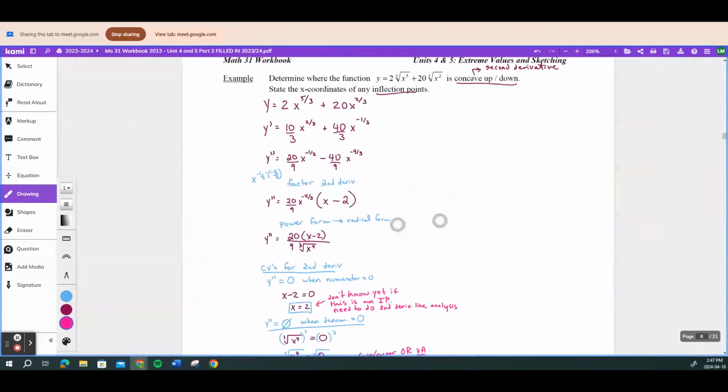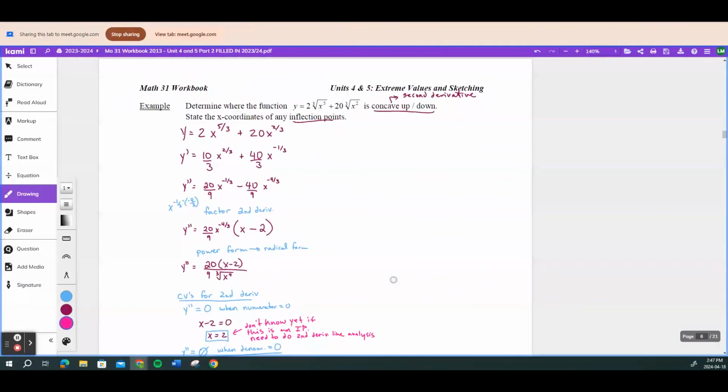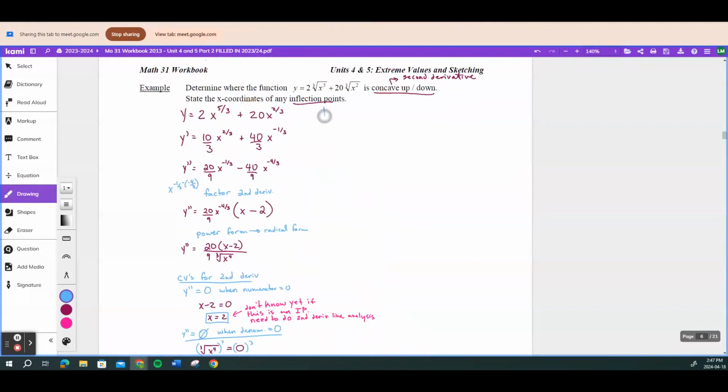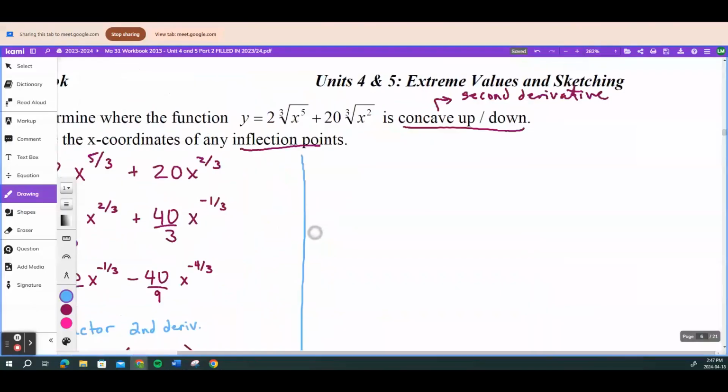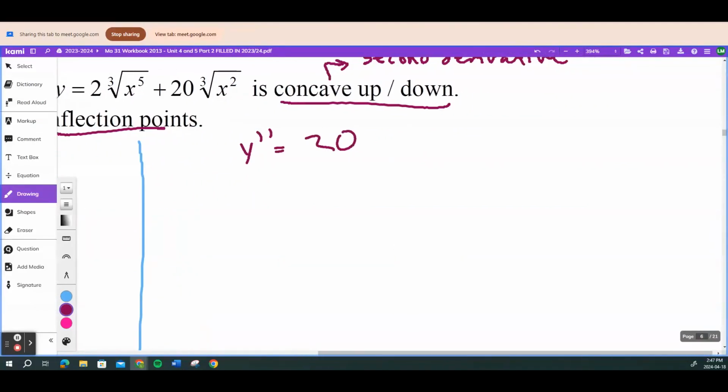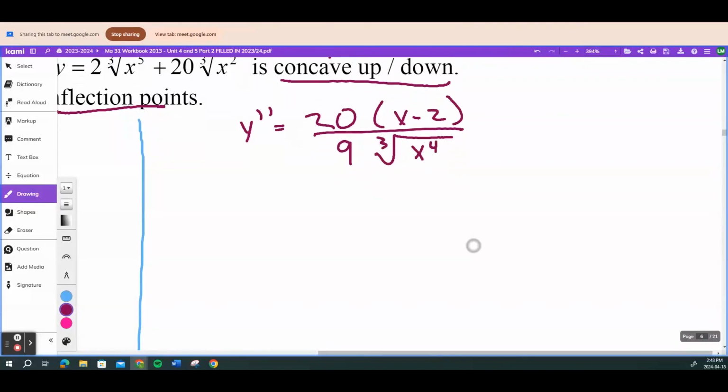Okay, so I'm just going to move up here. Actually, maybe I'll just draw a line to help keep this information separate. What I'm basing this line analysis off of is the second derivative, so I'm going to write it out so that I don't have to keep scrolling up and down: 20 times x minus 2 over 9 cube root of x to the power of 4.